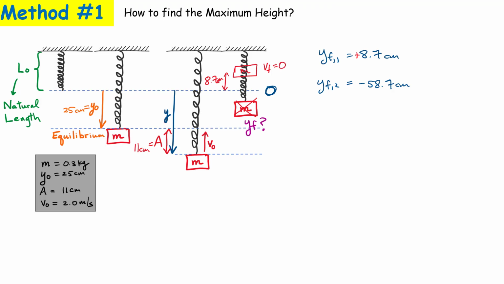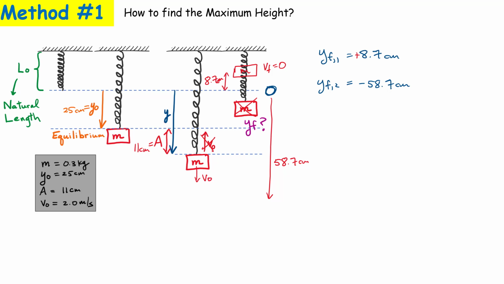Now, why do you get another solution? Well, when you use conservation of energy, what the other solution means is minus 58.7. Again, that is measured from here, and minus means I'm going down, okay? Imagine I went down 58.7 centimeters. Well, that means actually, what if instead of doing this, you actually launched it down with an initial velocity of 0?